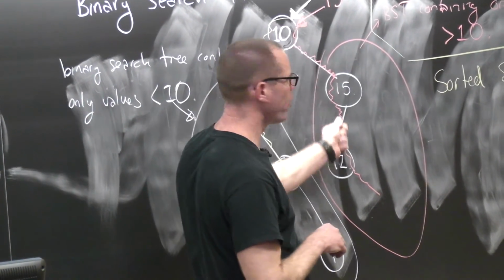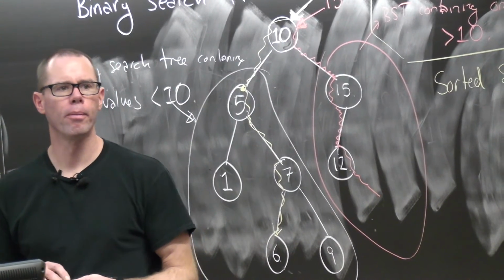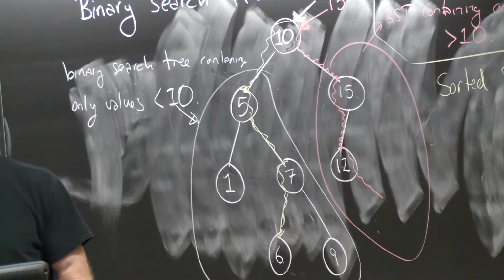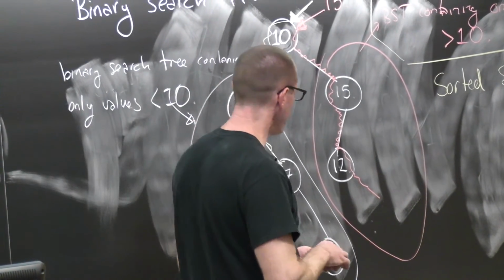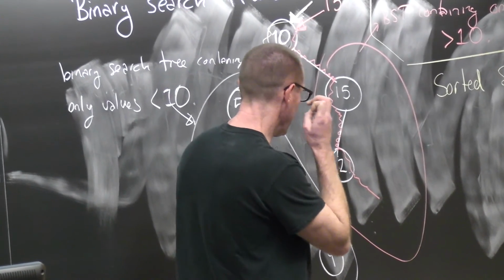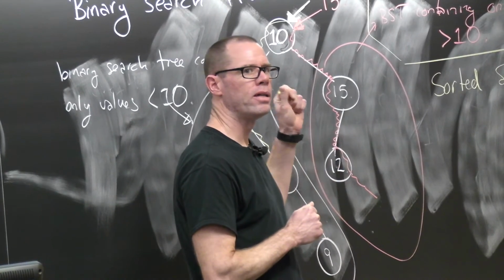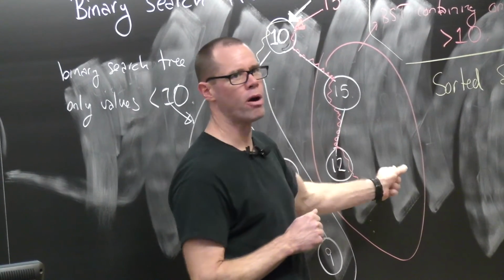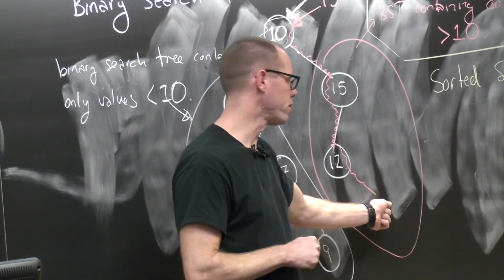I've learned some stuff from this path here. Yeah. So, at some point in this last step, I fall out of the tree, meaning that at each step, I've guaranteed that if the thing I was looking for is in the tree, then it's in this part of the tree, and at some point, there's nothing left in the tree, so I know the thing that I'm looking for is not there.